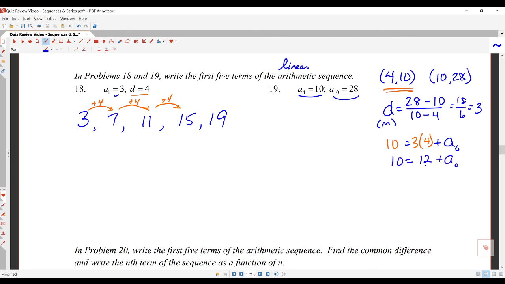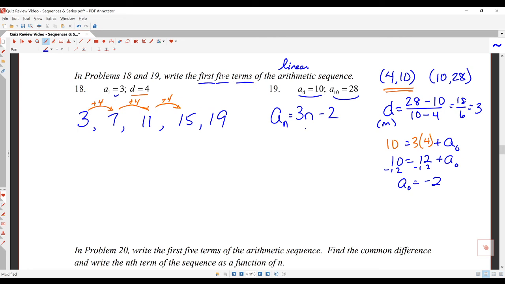And then we solve for a0. So subtract 12. a0 equals -2. So our sequence is d, which is 3, n plus -2, which we write as -2. So that's our equation. So now let's write the first 5 terms.